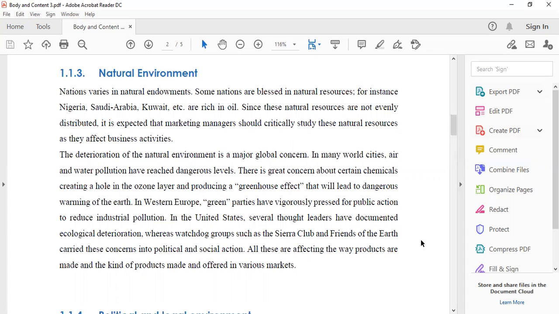For instance, some areas are prone to flood, some areas are prone to earthquake. It is important that organizations look out for the risk that nature portends and also see how that will have an effect on their business.